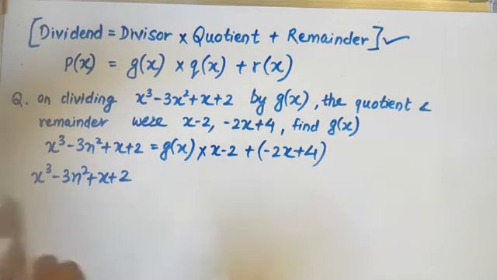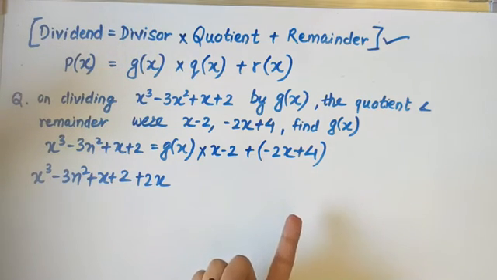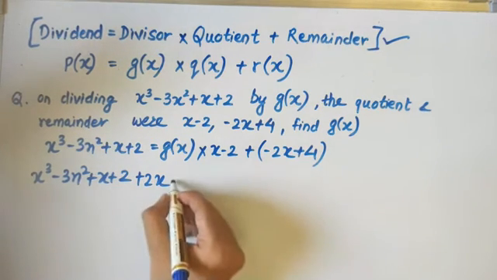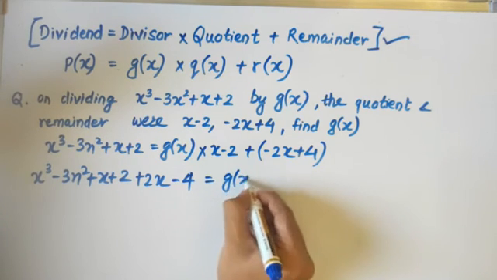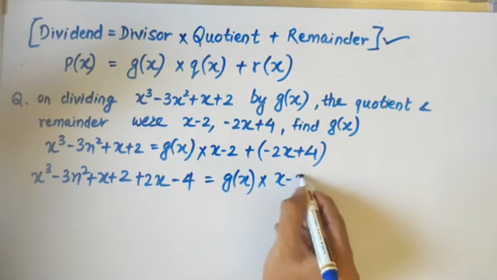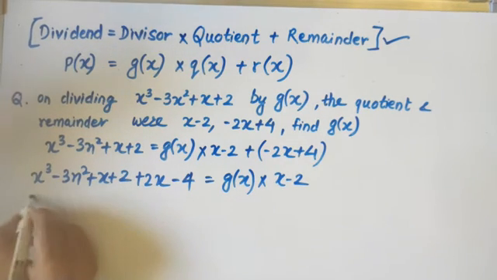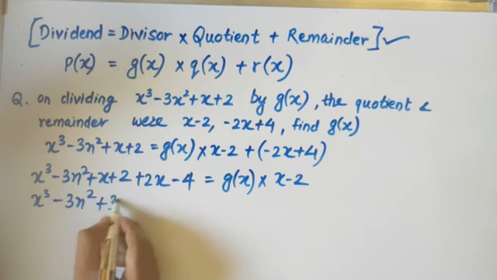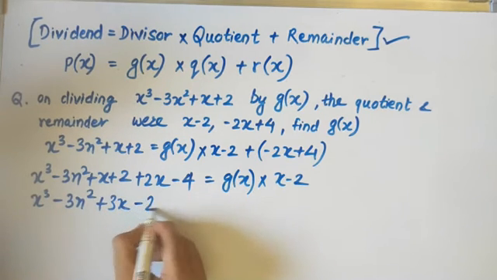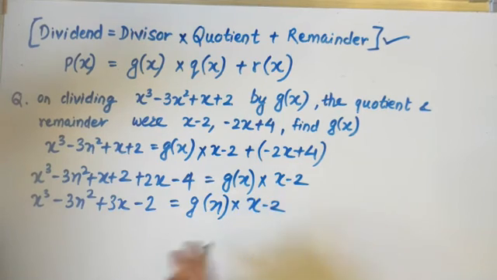When minus 2x goes there, it becomes plus 2x, and when plus 4 goes there, it becomes minus 4. And g of x into x minus 2 will be written as it is. So it becomes x cube minus 3x square plus 3x minus 2 equals g of x into x minus 2.